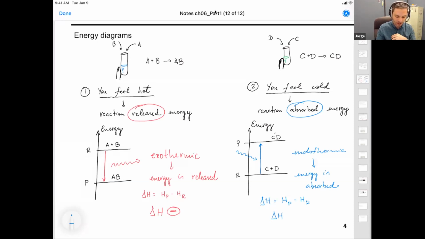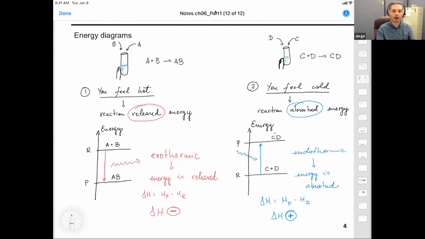If we have higher energy of the products compared with the energy of the reagents, we know for sure that the delta H is going to be positive. And that's true for any endothermic reaction. The delta H is always going to be positive because the energy was absorbed by the system.